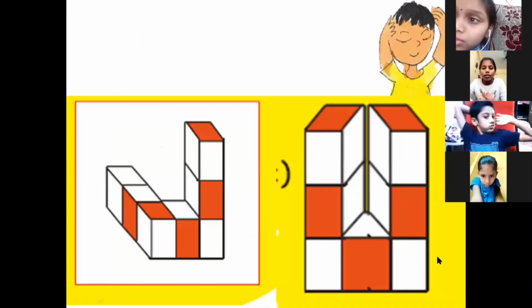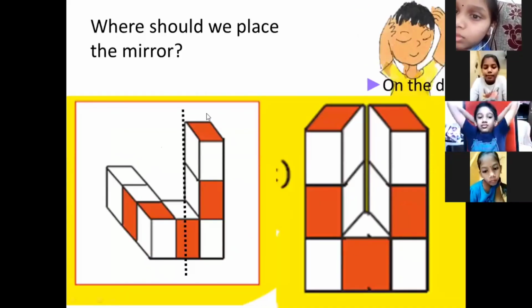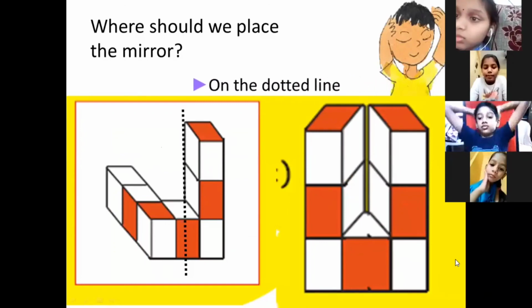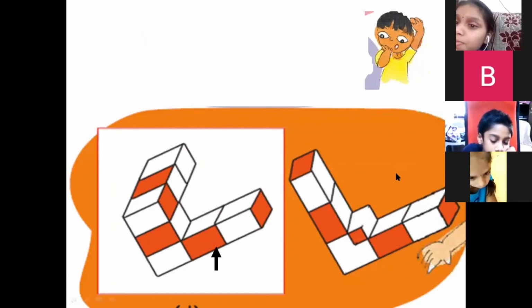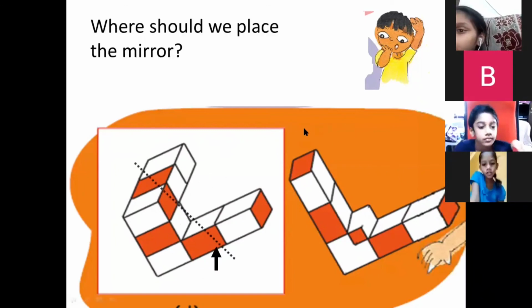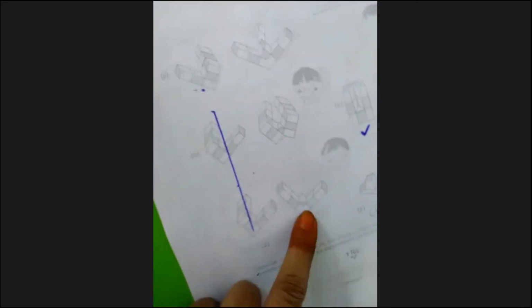Now here we have to place the mirror to get this shape. Okay. Now let us see one more. So to get this picture, where we have to keep the mirror? In this, where we have to place the mirror on the white picture? Okay. So let us check. We need to get this picture.